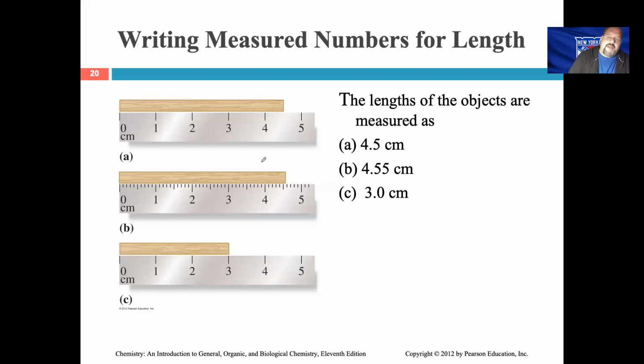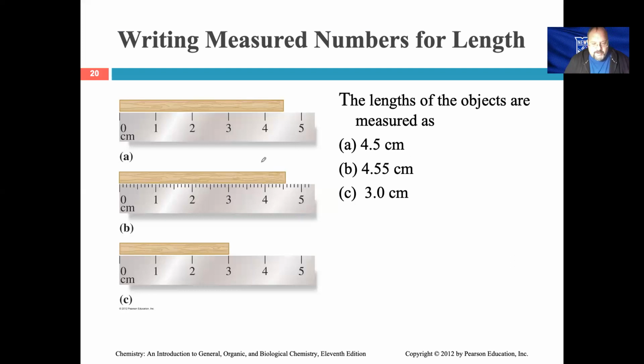Whoever's reading the value here is saying it looks to them like it's right in between 4.5 and 4.6. And therefore, it would be 4.55 centimeters. And again, we can make an argument. I can come in and say it's closer to 4.5, so I would write 4.52. And somebody else could say it's closer to 4.6, so they might write 4.57. Again, we're all estimating. We don't know exactly who's correct.